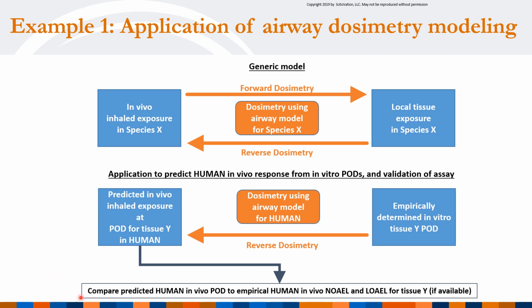The goal is to compare the predicted human in vivo point of departure to empirical human in vivo NOAEL and LOAEL for the tissue of interest, if available, to see if in silico methods combined with in vitro experiments can replace animal experiments.